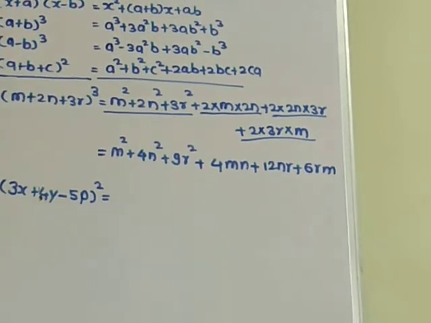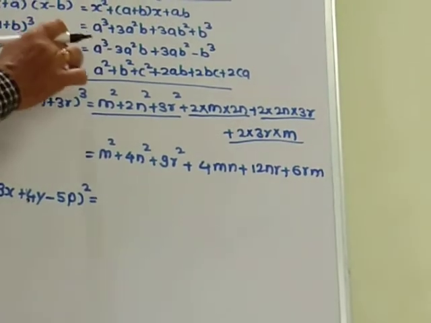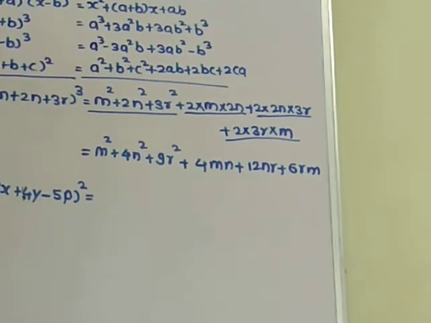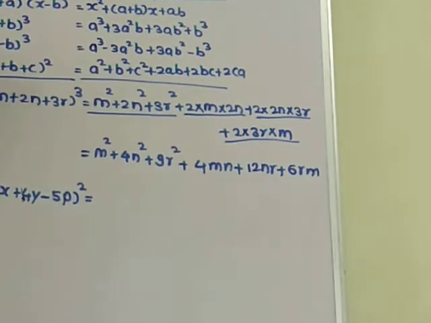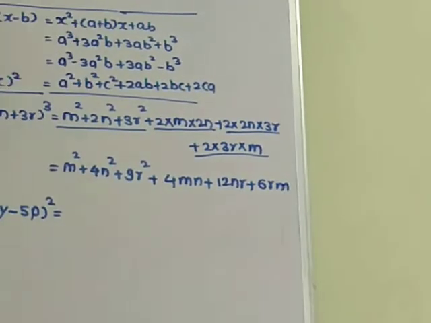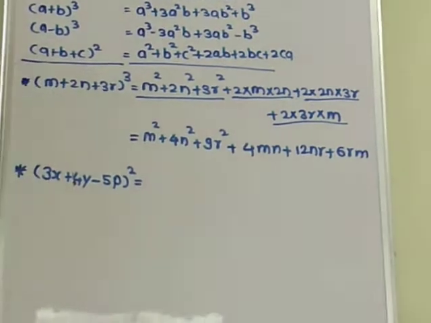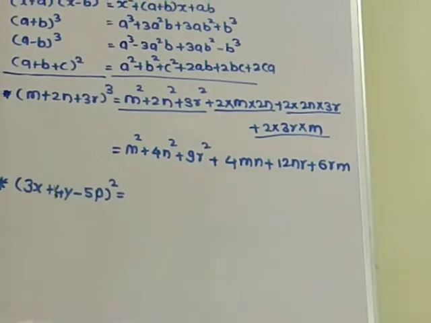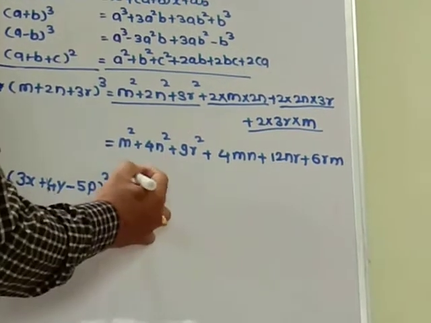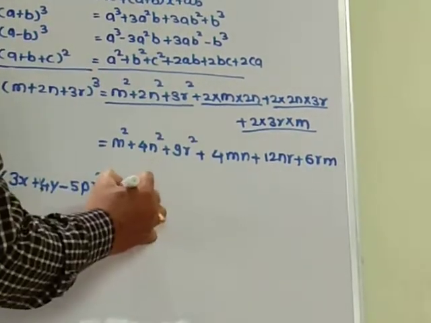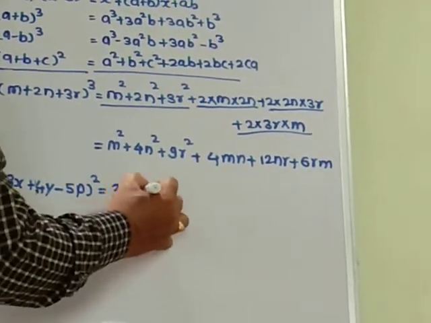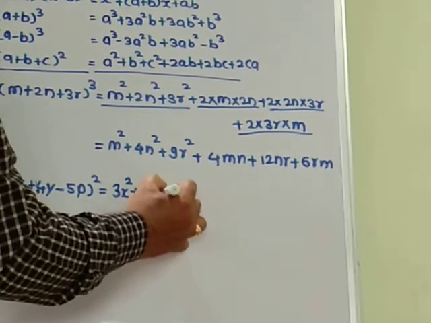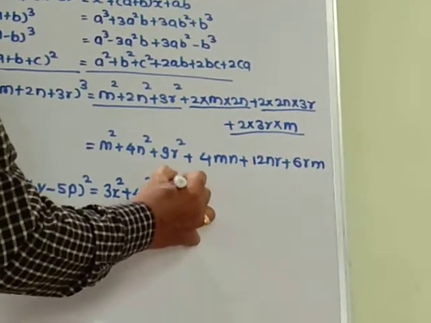Similarly, if you write in perfect formulas, then no single mistake can be done. I assure you, you can't make any single mistake if you write in a particular manner. That means in formulas, first term square: 3x square plus 4y square minus 5p square.